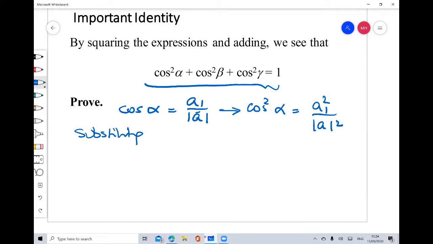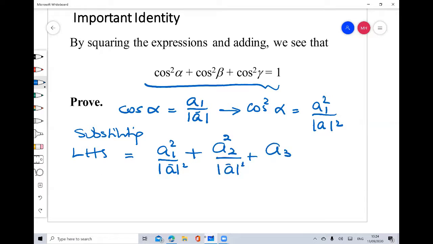these in the formula of the identity, I'll start with the left hand side and substitute. Cosine squared alpha is a1 squared over magnitude a squared. Cosine squared beta is the second component squared over magnitude a squared. The cosine squared gamma is the third component squared over magnitude a squared.